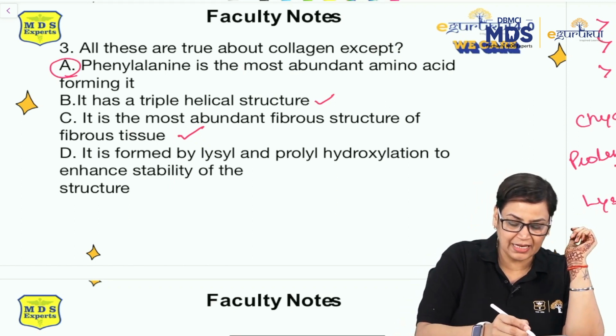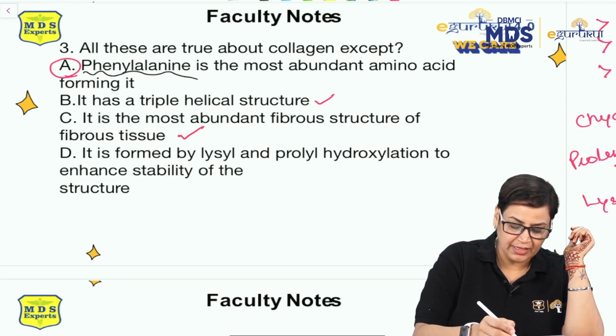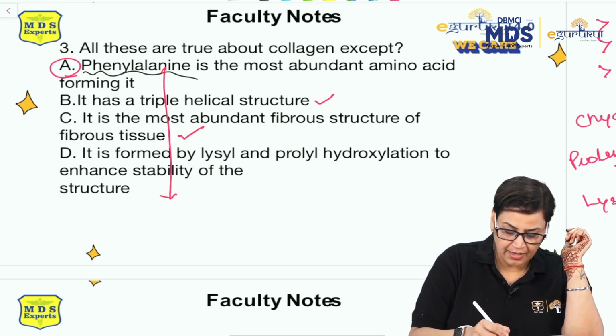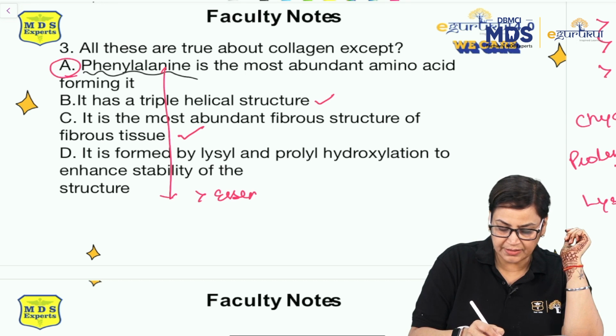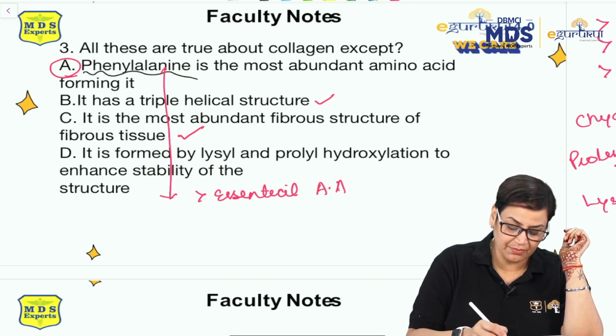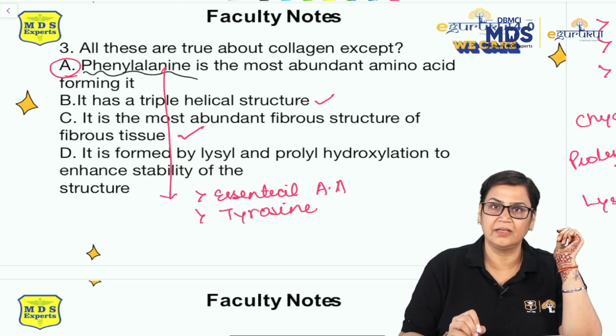Coming over to phenylalanine, phenylalanine is altogether a different amino acid. We all know that phenylalanine is an essential amino acid. Why essential? Because it is required for the synthesis of tyrosine.